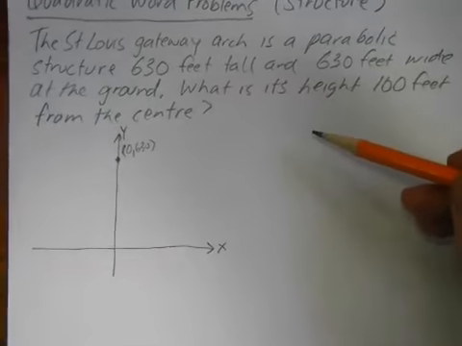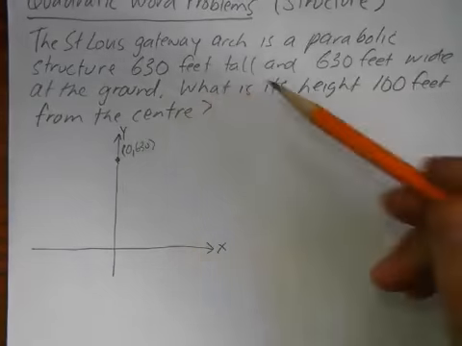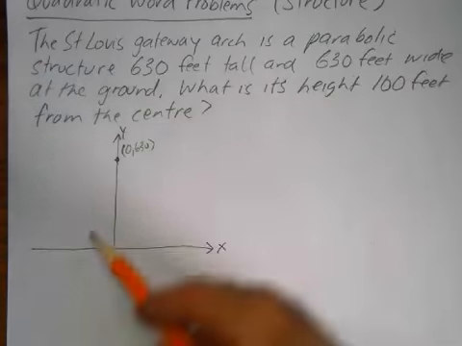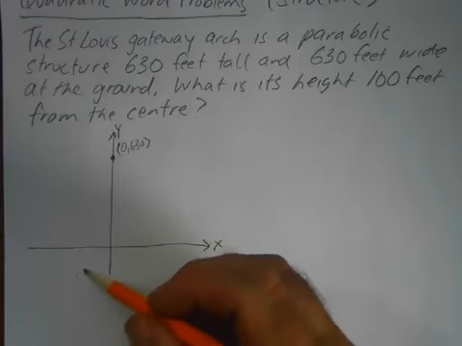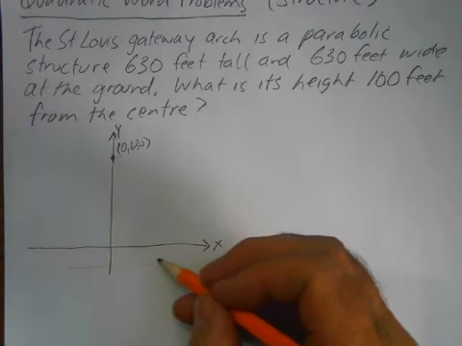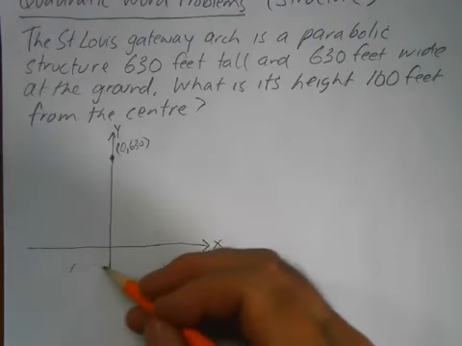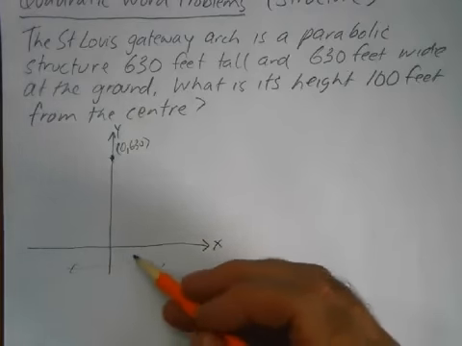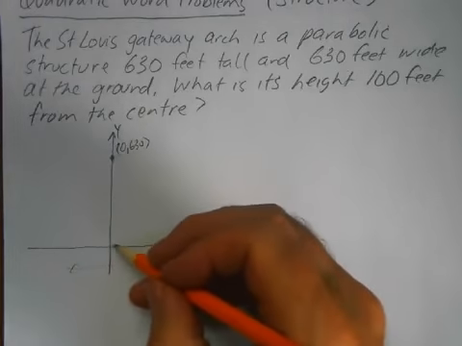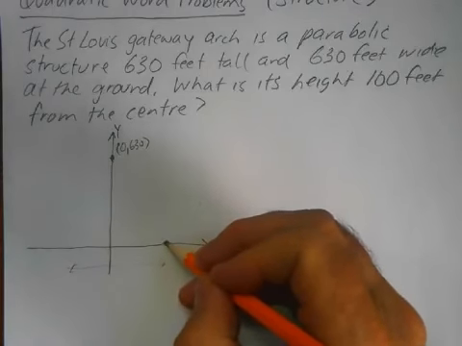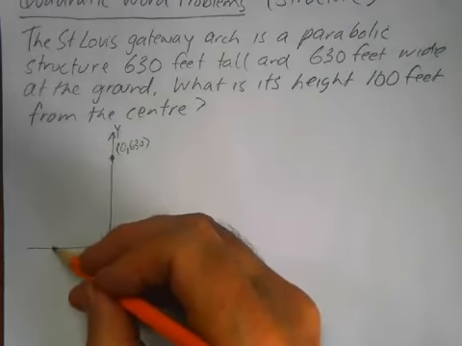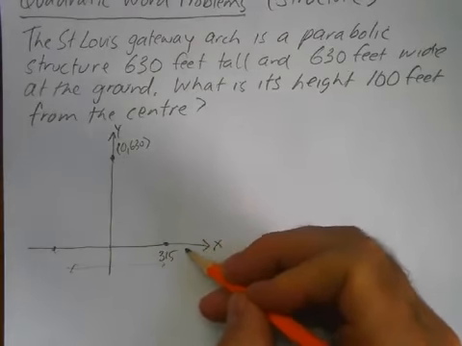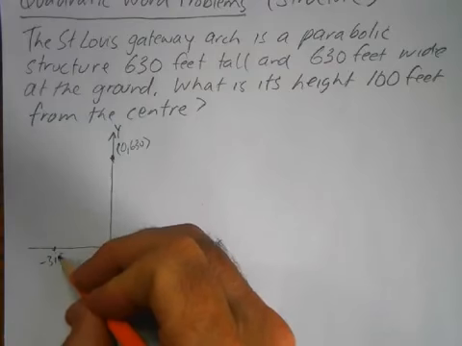The other part is that it's 630 feet wide. Now, since I've drawn it this way, it's basically going to be 630 that's centered at the y-axis. So half of that distance will be on this side and half will be on this side. So this would be my positive 315, because that's half of 630, and this would be negative 315.